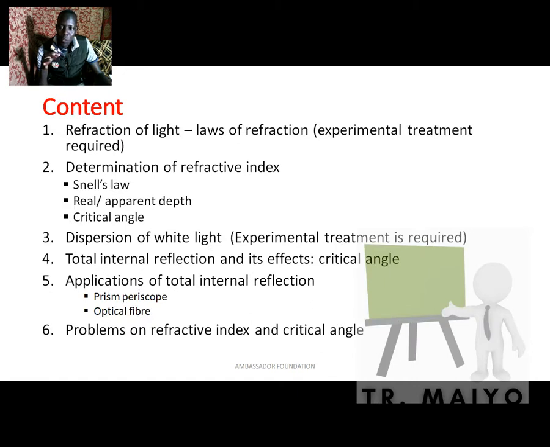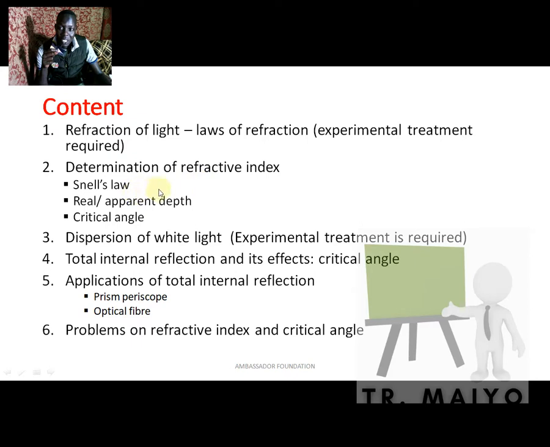These are what we are going to see. We are going to see refraction of light. This is the content that we are supposed to cover: refraction of light, which includes the laws of refraction. We then determine the refractive index. We have 4 ways of determining refractive index.